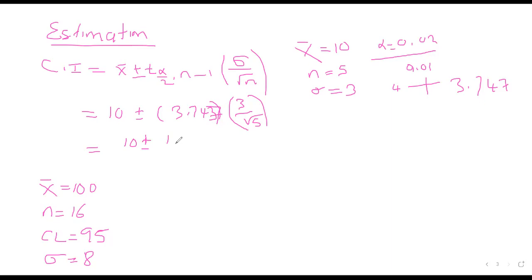Oh, okay, there we have 5.027 times 3 divided by the square root of what? 5.027. Yes, 5.027.